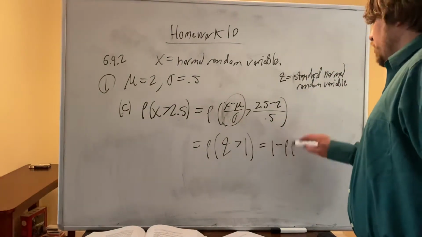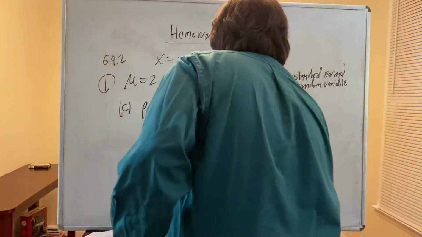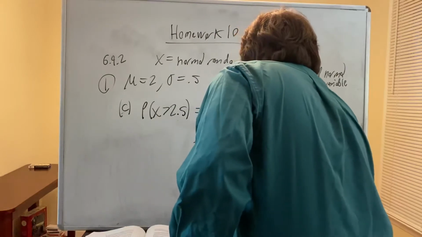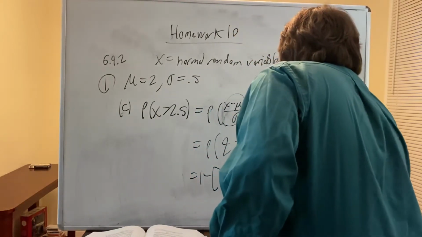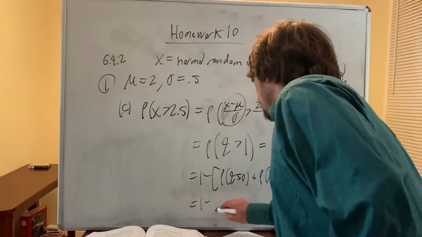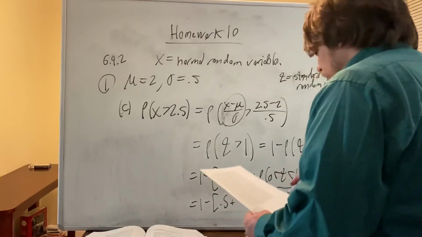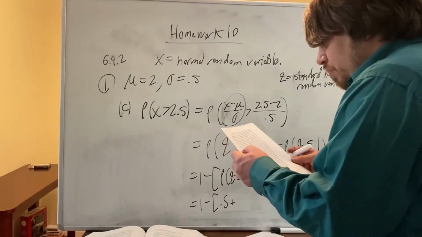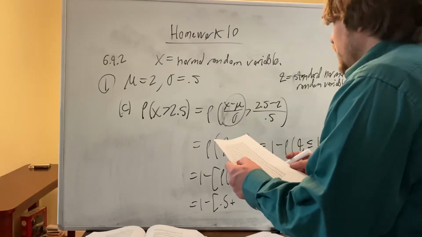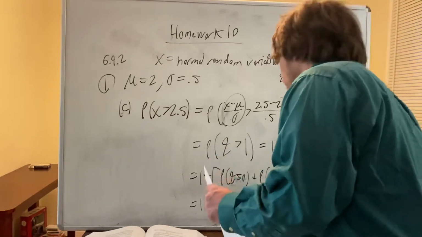That's equal to 1 minus the probability Z is less than or equal to 1. That's equal to 1 minus the probability that Z is less than or equal to 0, plus the probability that 0 less than Z less than 1. And so this is equal to 1 minus 0.5 plus this probability, which I just did, 0.3413.